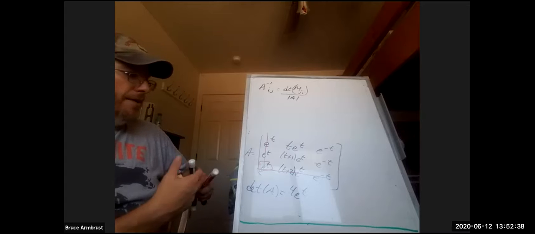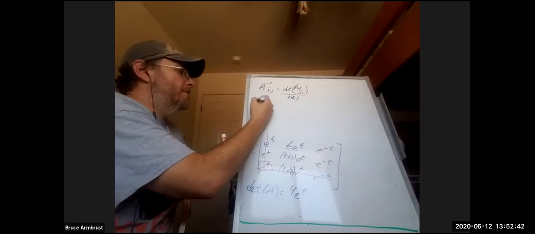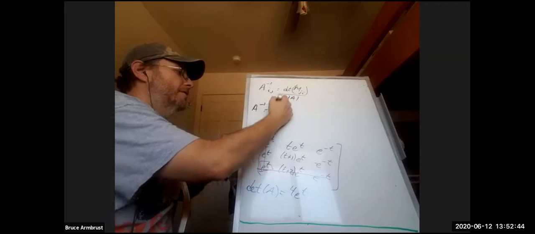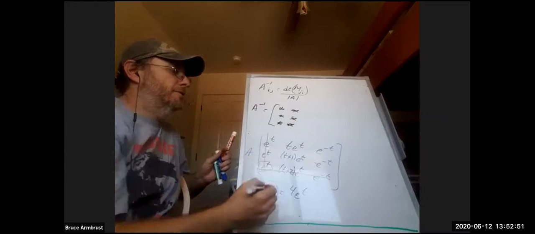And so we would get minus 2t minus 1. So in terms of A inverse, we got some stars here. I don't care about the first two columns.